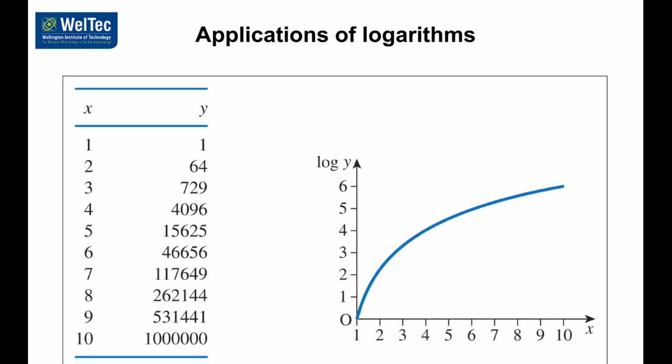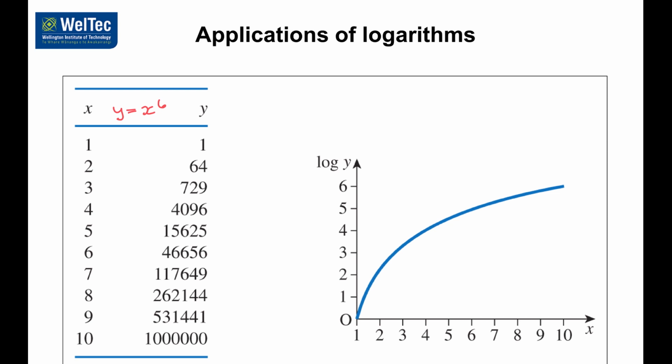Now, sometimes we get some crazy graphs. Suppose we're looking at y equals x to the power of 6. If we tried to do that in the normal way, and we had equally spaced x values, so 1, 2, 3, 4, 5, 6, 7, 8. By the time we got up to 10, y is equal to 10 to the power of 6, which means we're not even on the same page.